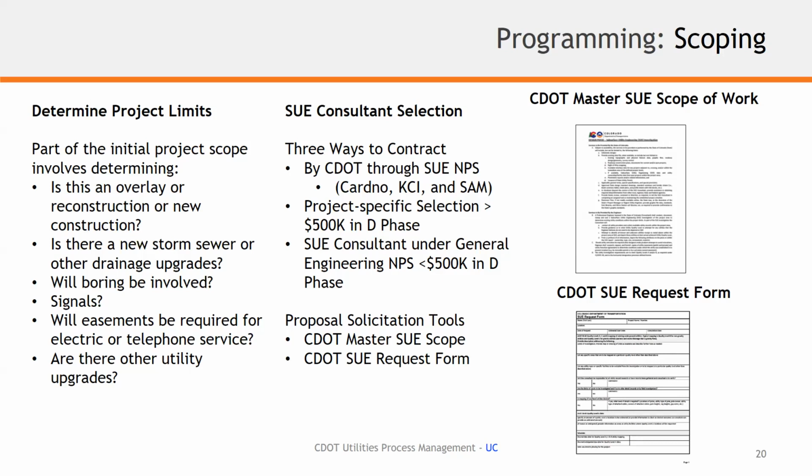So there is some criteria on the SUE component that is in a master scope of work that we do have available for inclusion into a project-specific selection in the D phase. So if you have a need to add the SUE into just a project-specific scope, make sure you're talking to the region utility program managers about this SUE scope of work that should be included, so that you have everything you need when it comes to consultant selection during the solicitation process.